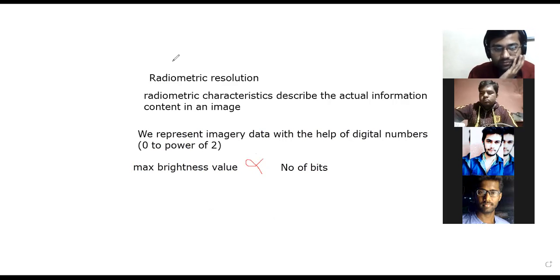Let's say your sensor has 8 bits of resolution.